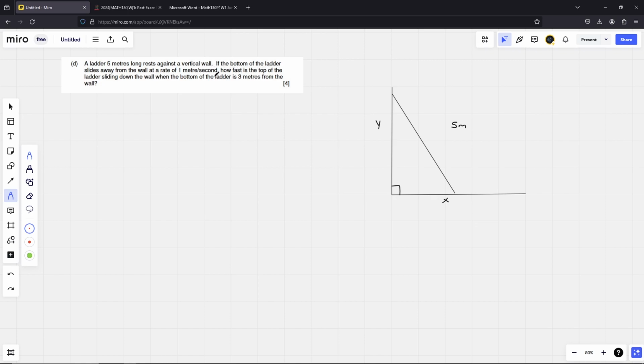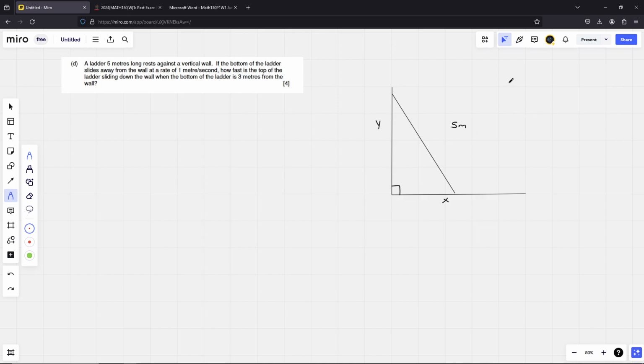So if the bottom of the ladder slides away from the wall at a rate of 1 meter a second, so the bottom of my ladder is sliding away at 1 meter a second. We have our first piece of given information, which is a rate of change.